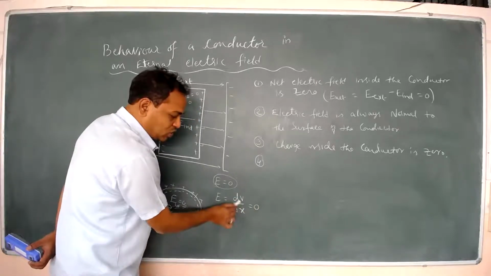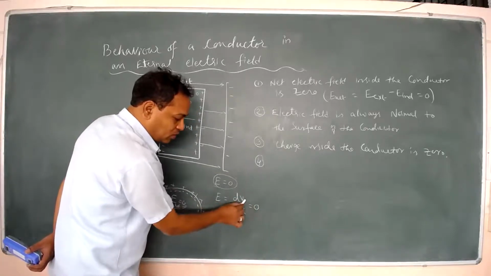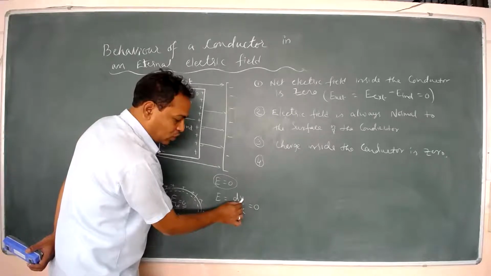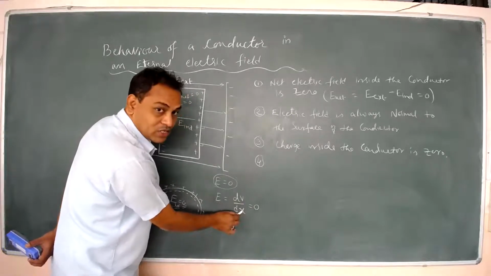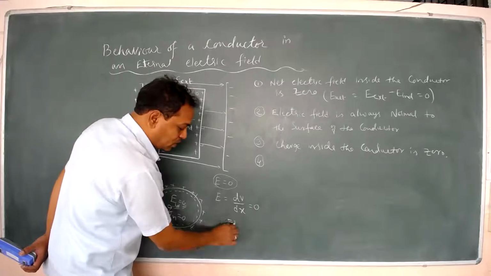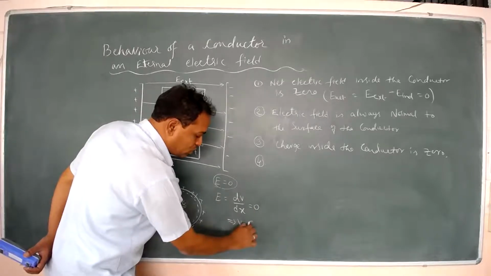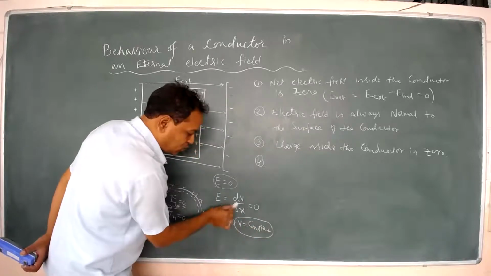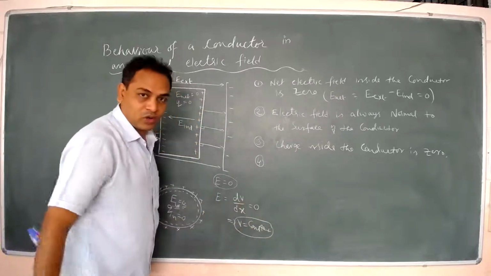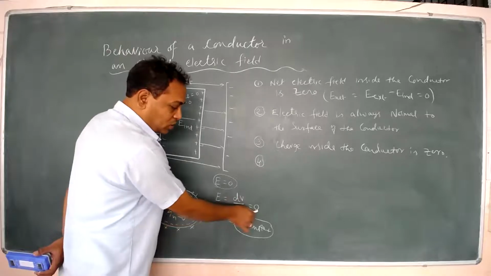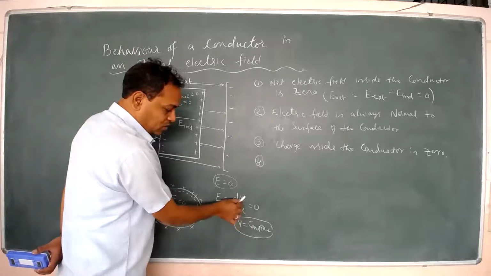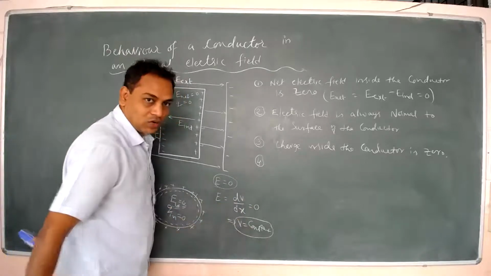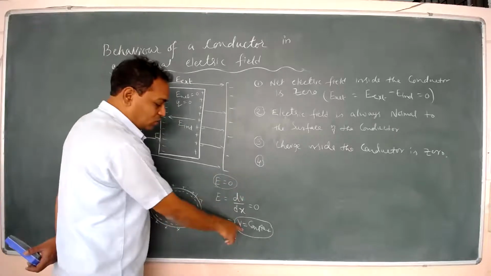The differentiation of voltage with respect to distance is 0. This implies that V should be constant, since the differentiation of a constant is 0. So V is constant.